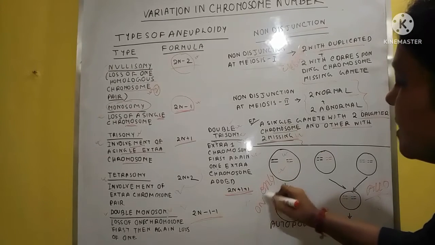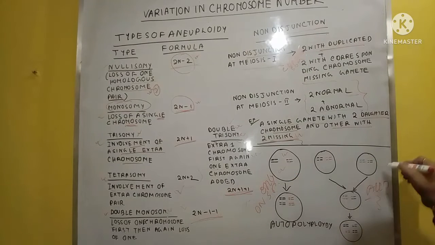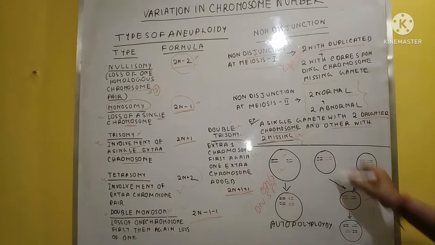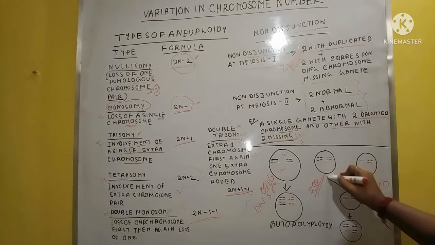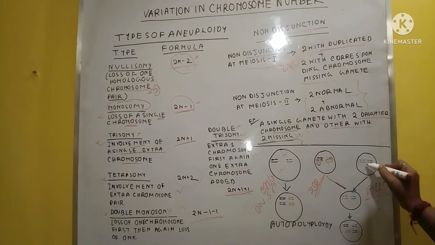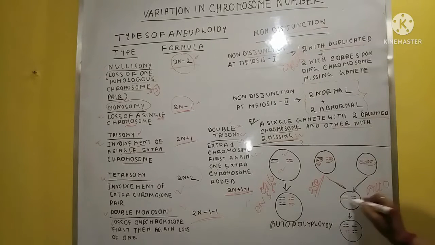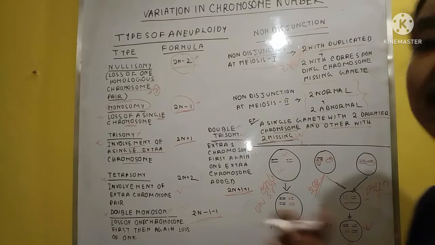But in allopolyploidy, the transfer of chromosomes is possible between two species, but obviously related. One of these is transferred from here, and one of these from there, then doubling forms gametes with this number of chromosomes.